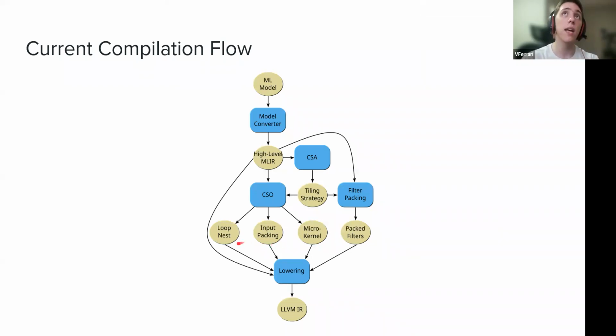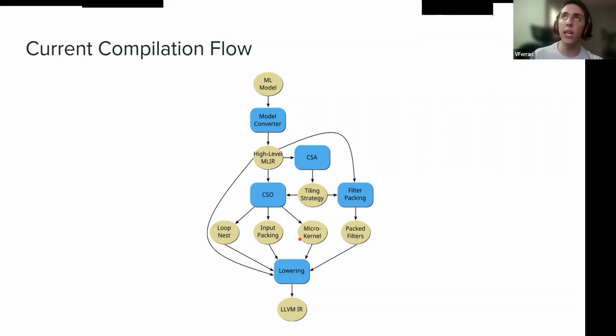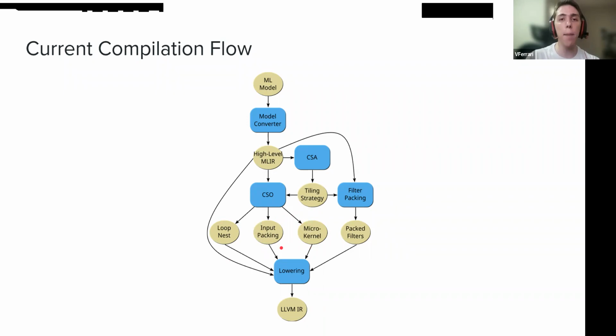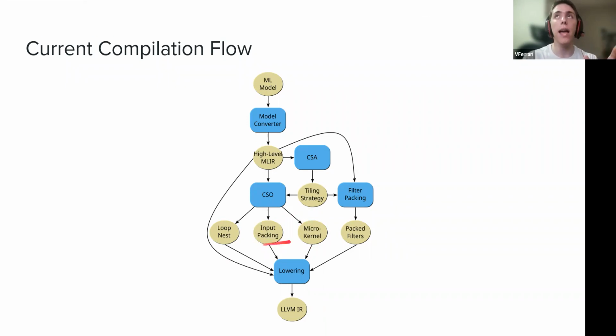The loop nest is generic, so with the tiling strategy, you can generate the loop nest for any hardware. But the micro-kernel, since it has to be optimized for each architecture, is architecture specific. So it is a different ball of wax than the loop nest, for example. And then we have the input packing, which bridges the gap between the tiling and the micro-kernel.